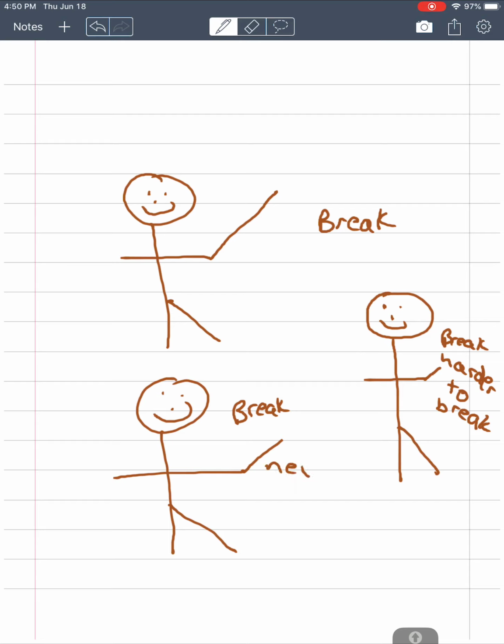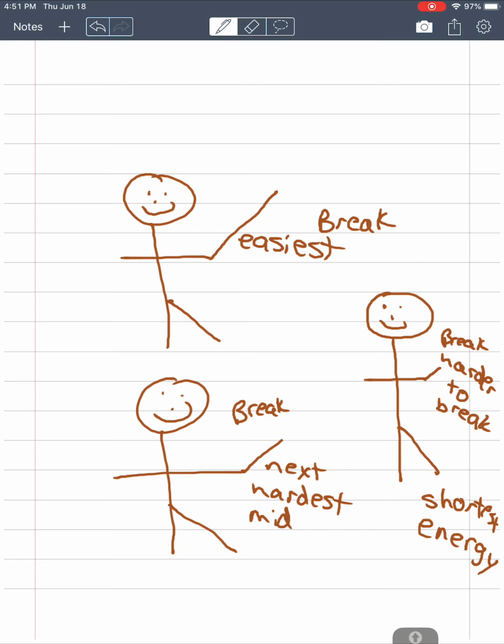And this would be the next hardest. And this would be the easiest. This is also the shortest. Takes the most energy to break it.